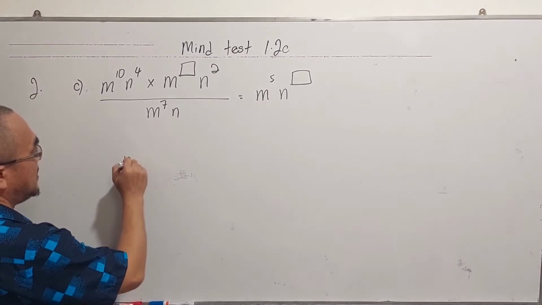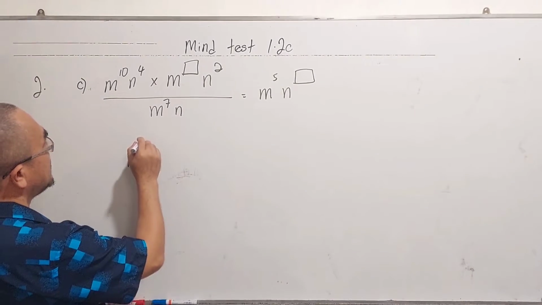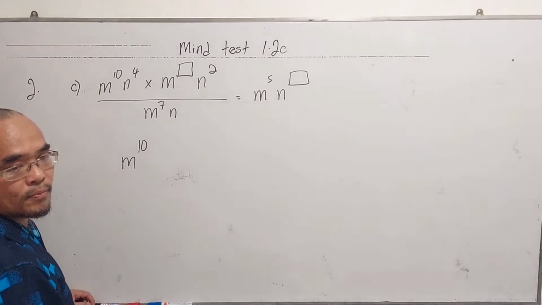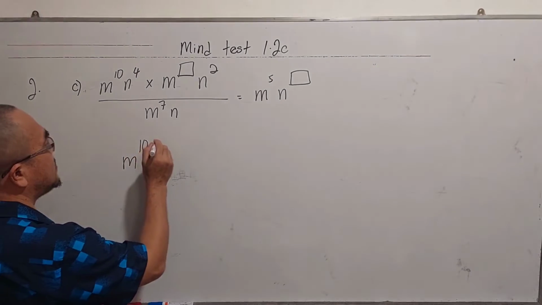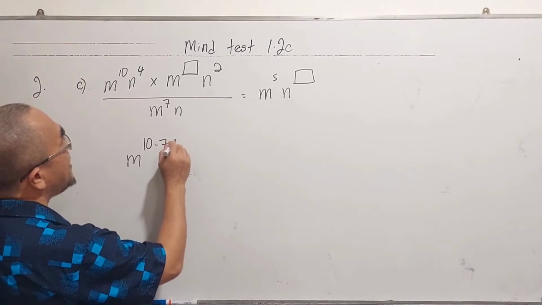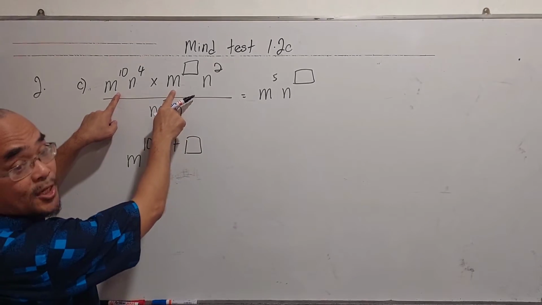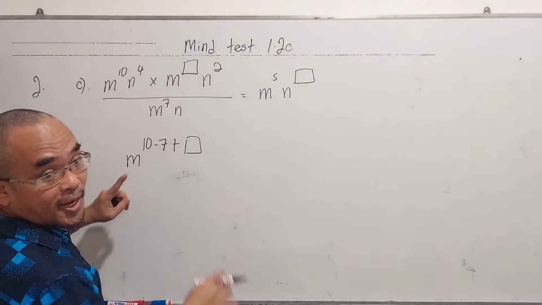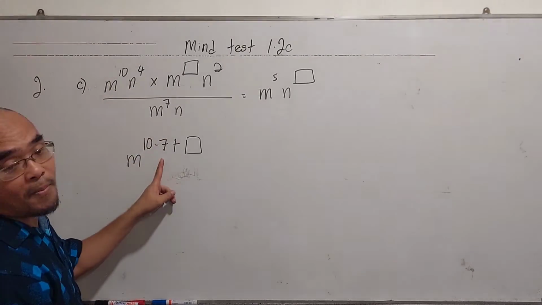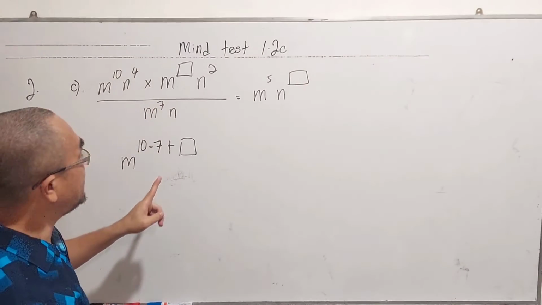For m, it will be 10 minus 7, plus box. Plus, because this is multiplication, so it goes on top. It's okay to write down minus. You can write 10 plus box minus 7.